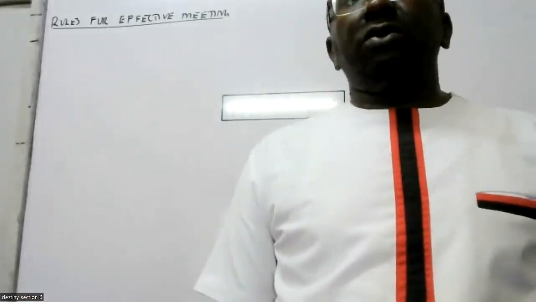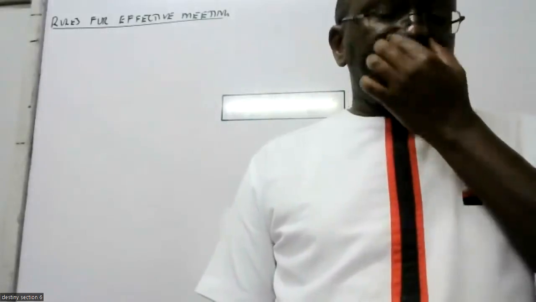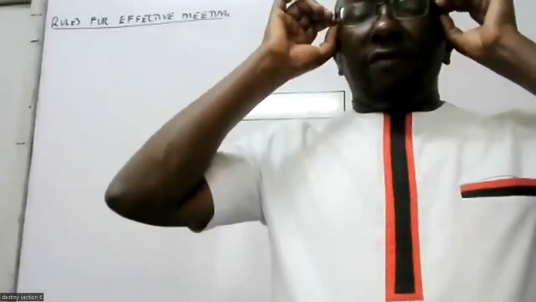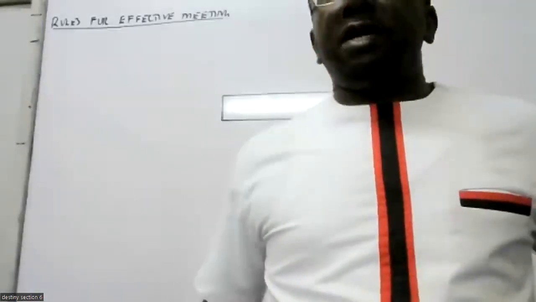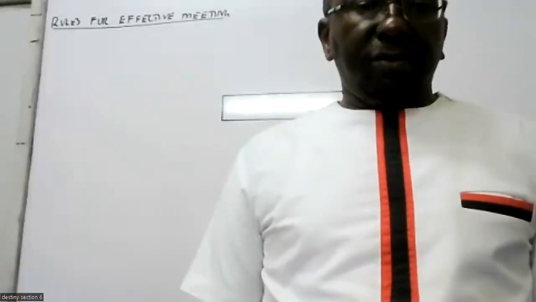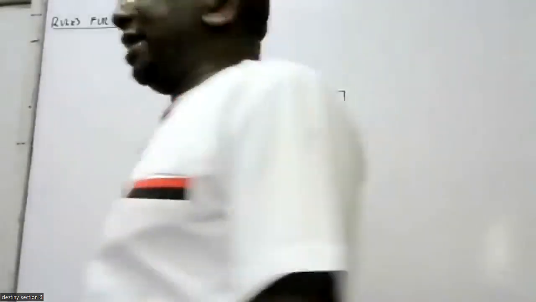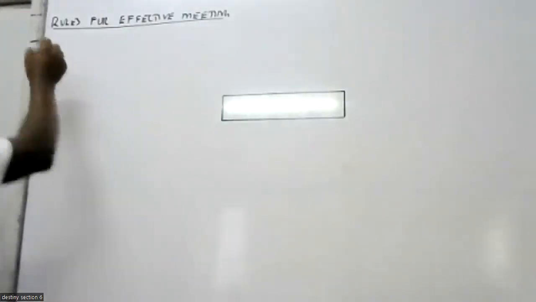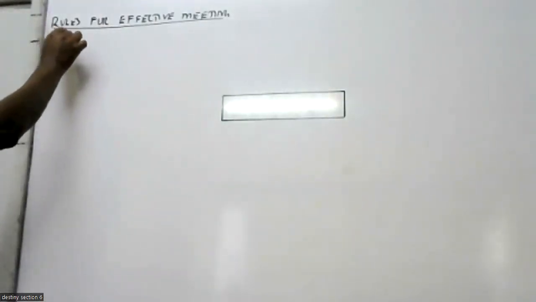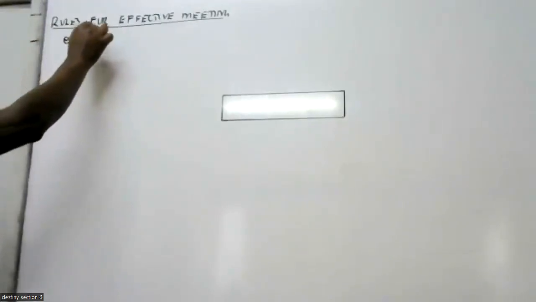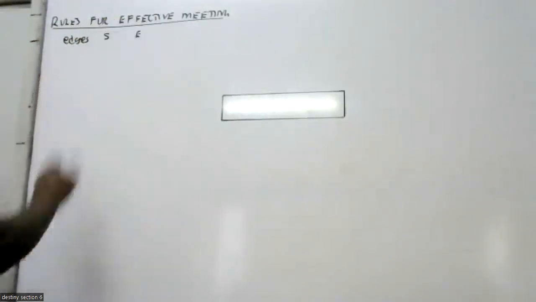So those are some of the rules you need to adhere to if you wish to have a very effective, very productive meeting. Number 1, we are saying you set very strict edges, as in where do we start the meeting and where do we end the meeting.